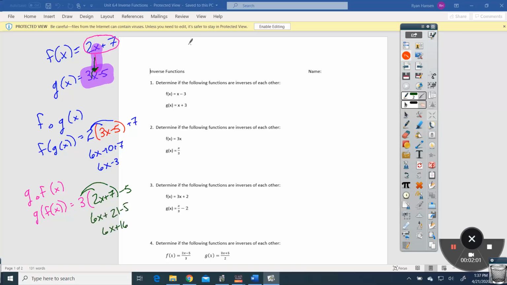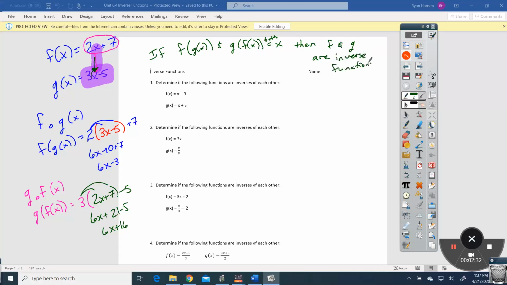Now, when we do this, if f of g of x and g of f of x both equal x, then f and g are inverse functions.